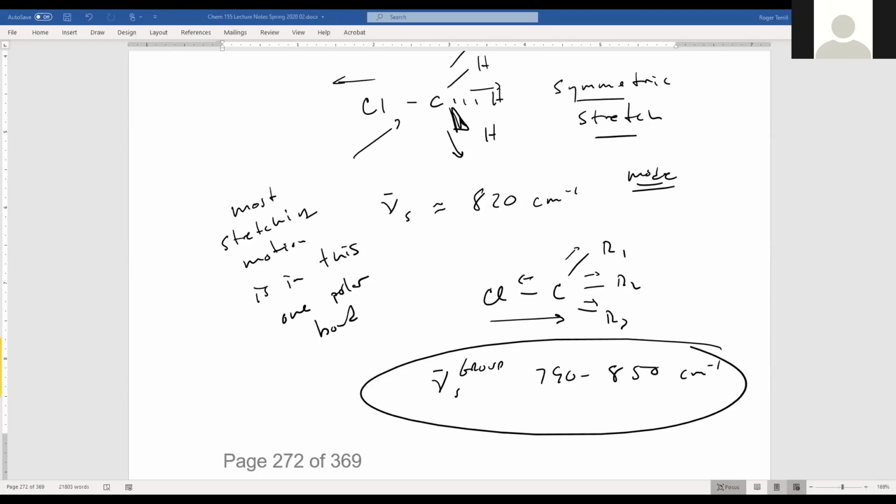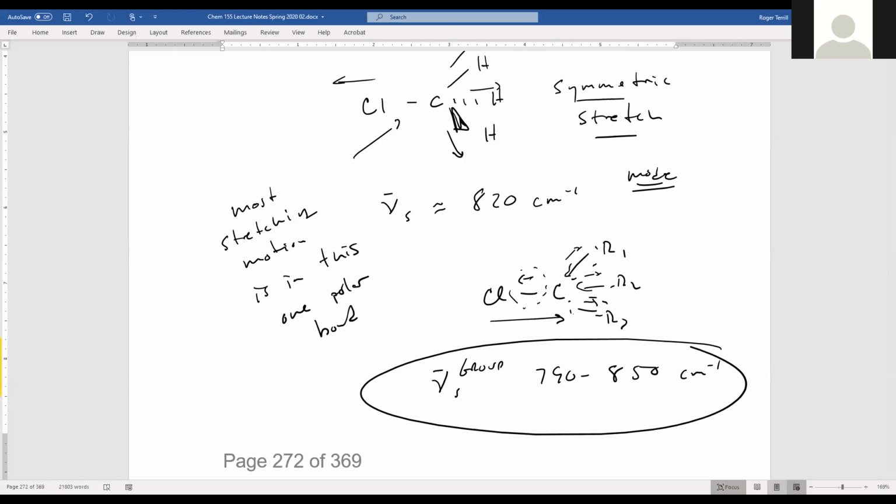Which of these bonds is stretching the most? The CCl bond here, or the CR1, R2, or R3? Yeah, it's the CCl.